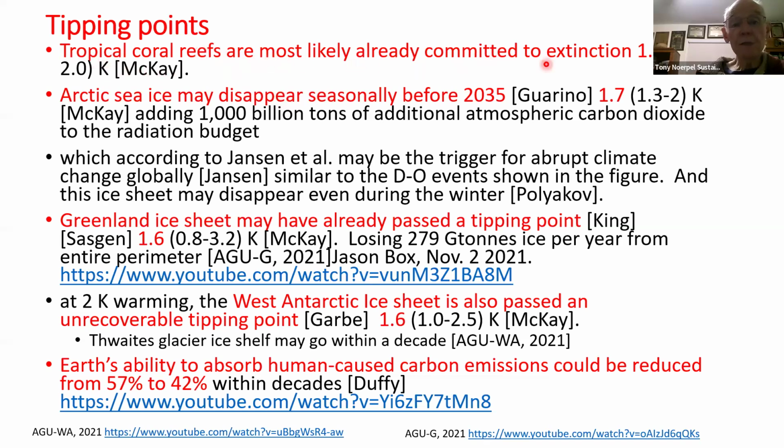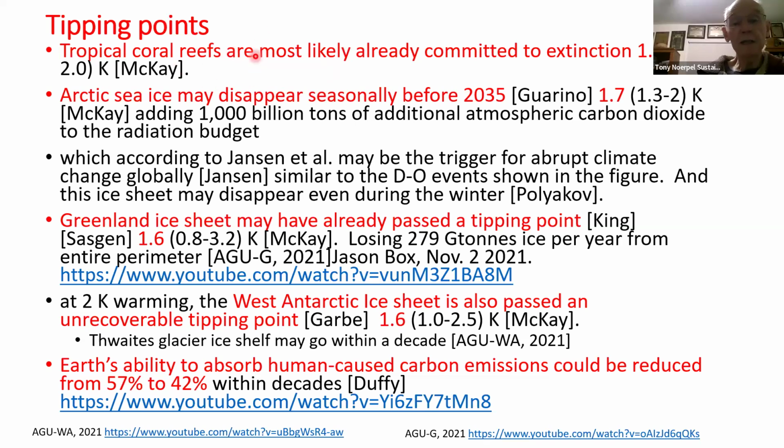Tropical coral reefs are already committed to extinction at about 1.5 degrees, which we exceeded last year, and 2 degrees is in the bag, so tropical coral reefs are gone. That underlies the threat of extinction, because about 30% of marine organisms depend on coral reefs.